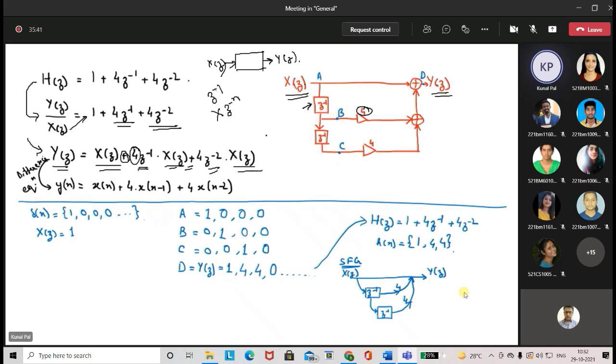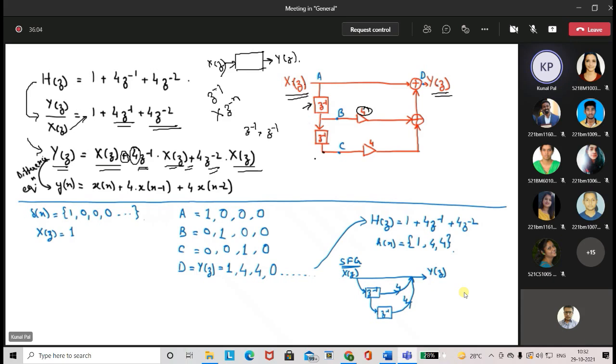So to make it z to the power minus 2, it is z to the power minus 1 multiplied by z to the power minus 1. So you do the cascading, which is basically a type of multiplication, and after cascading we get X(z).